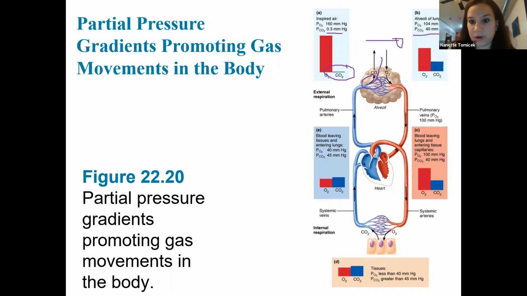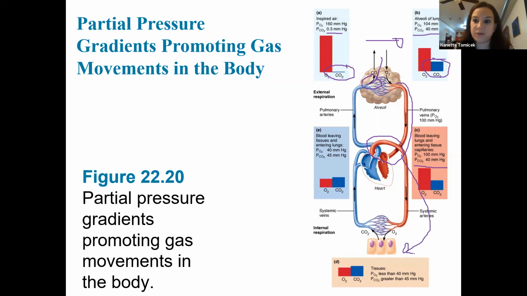Let's keep moving through the cardiovascular system. Okay, so we have, right, our 40 millimeters of mercury here of CO2. And then we're going to move into the arterial blood. We'll go through the left side of the heart. Still 40 millimeters of mercury, no change there. And then we're going to head down to the tissues.